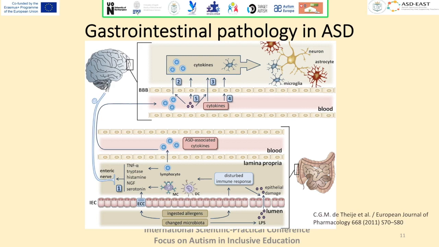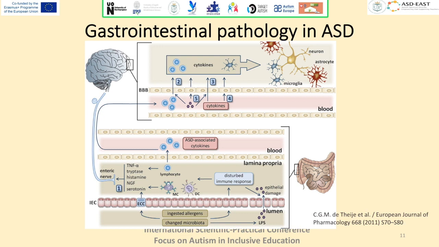On this picture, we can show that gastrointestinal pathology in ASD is very complex, and that the gut-brain link is very complex. There are some alterations in the gut, which we call leaky gut. Probably you have heard about this symptom. Through that leaky gut, through the lumen of the gut, a lot of ingested allergens and changed microbiota cross into the bloodstream.